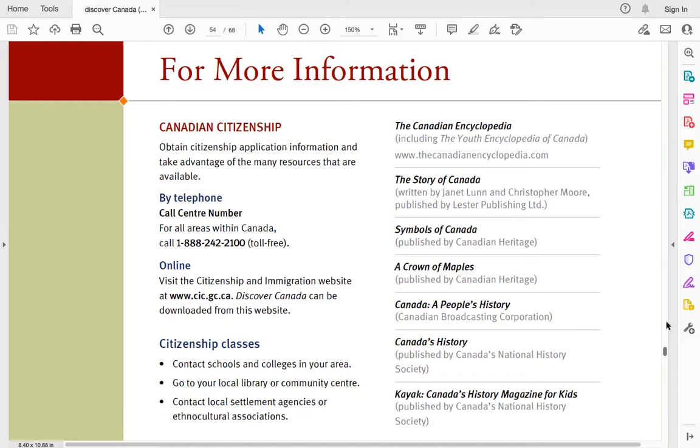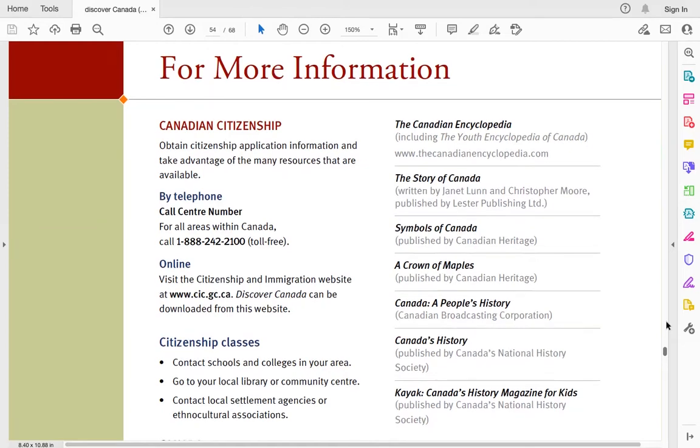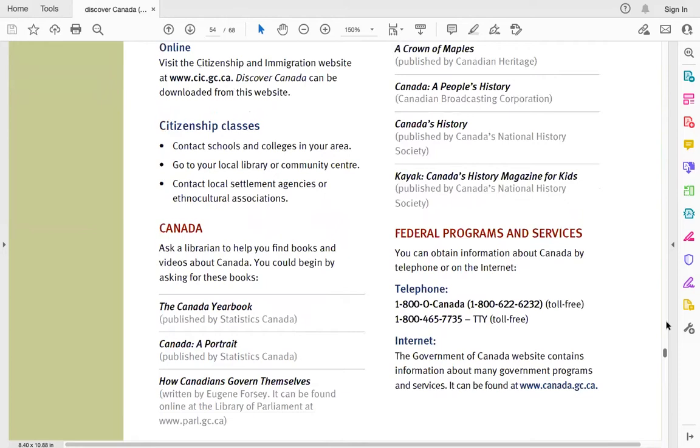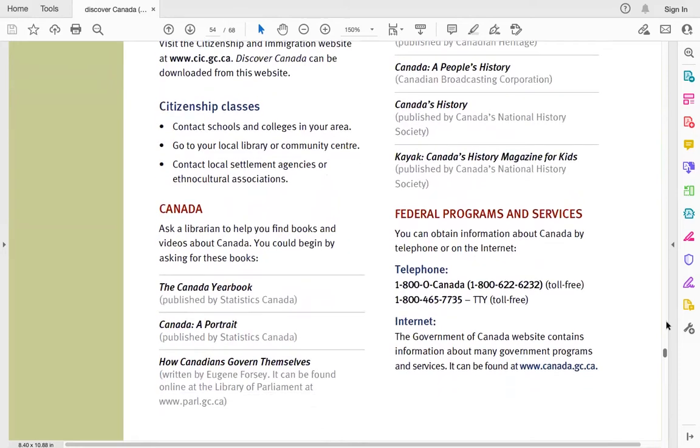Symbols of Canada, published by Canadian Heritage. A Crown of Maples, published by Canadian Heritage. Canada, A People's History, Canadian Broadcasting Corporation. Canada's History, published by Canada's National History Society. Kayak, Canada's history magazine for kids, published by Canada's National History Society.